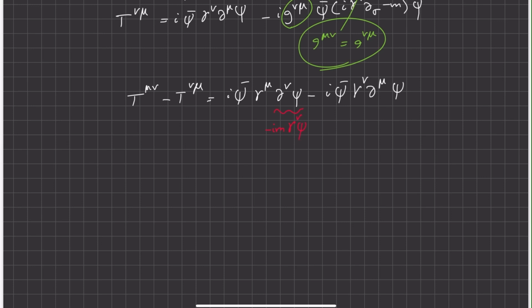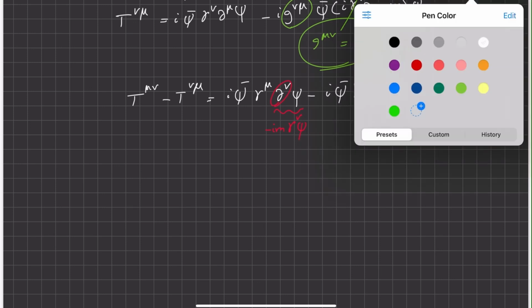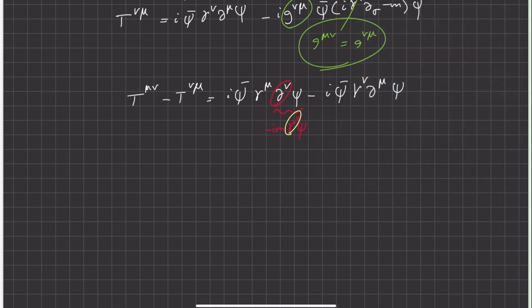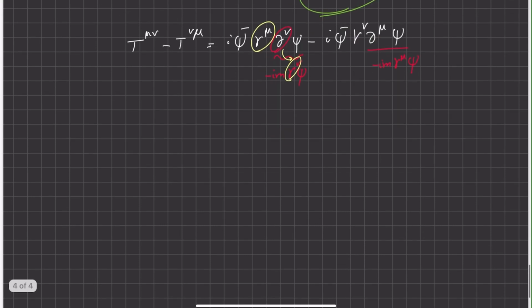Our purpose is to get rid of this derivative and replace it with this gamma matrix, because I have a gamma matrix here and I want to play with them. And we have the similar replacement for psi bar, which is equal to minus i m gamma mu psi. Okay, and now I'm going to write down this term.